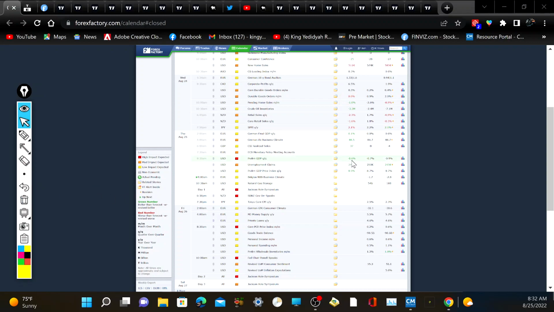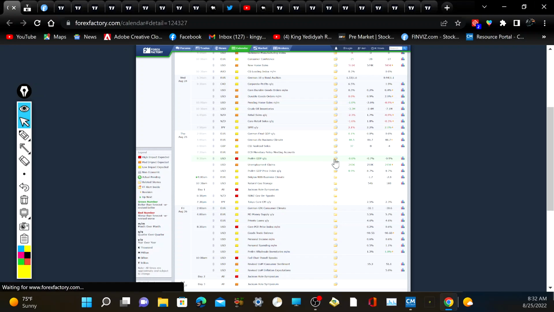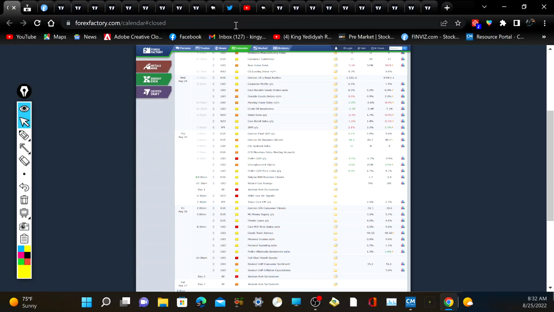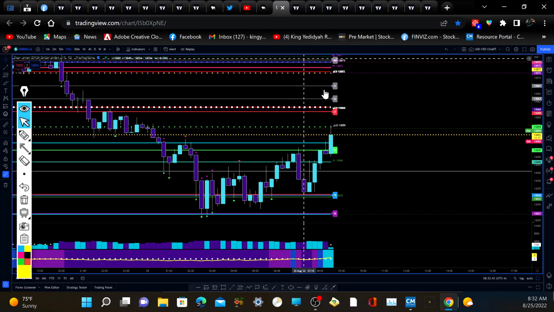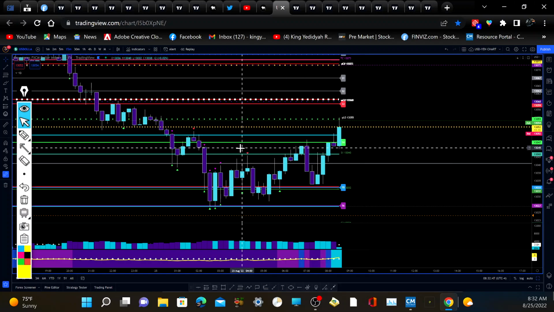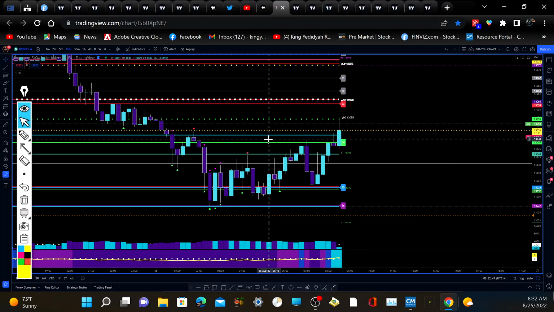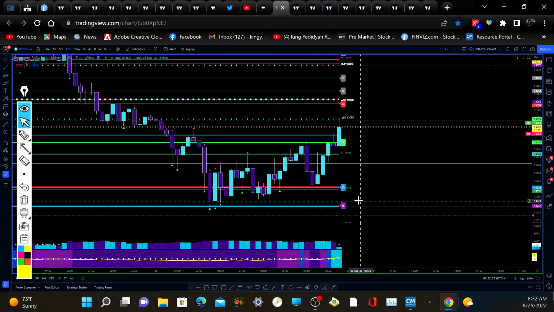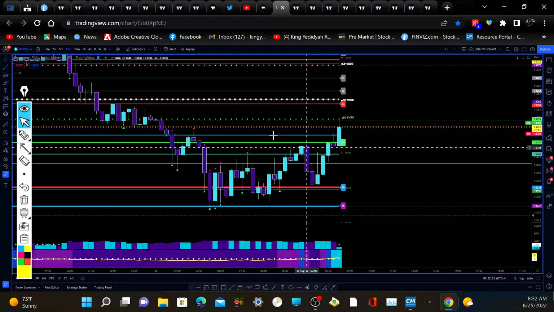The numbers dropped on the GDP, so that means the annualized change in the value of all goods and services produced by the economy has dropped, right? So that might be weak for the US dollar. That might bring the US dollar down a little bit. But let's see, it's pushing up. Let's see what happens after this.